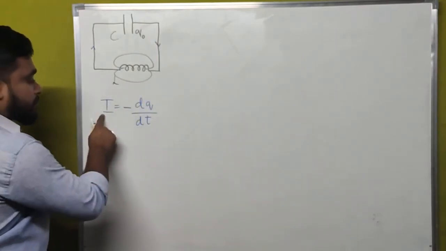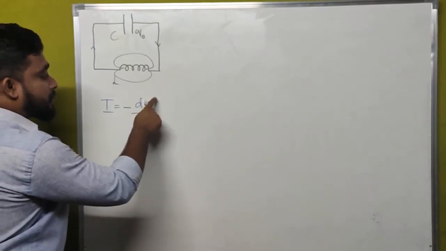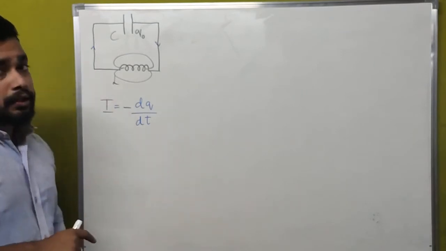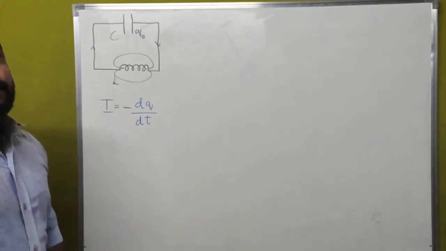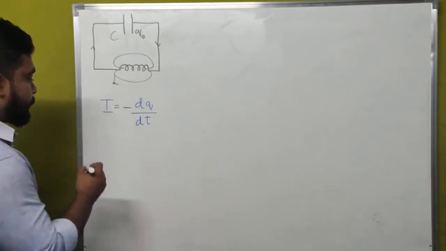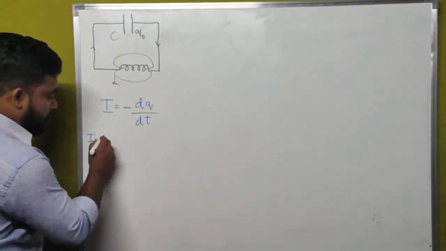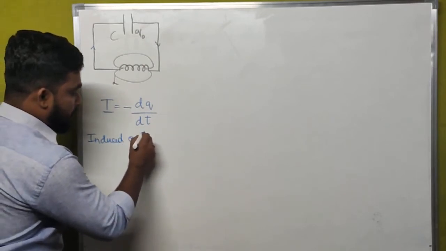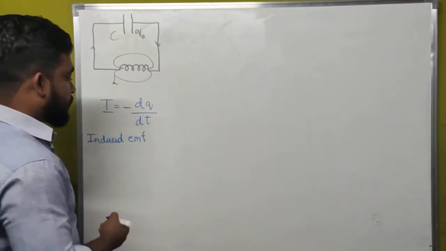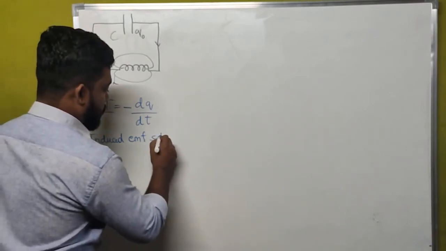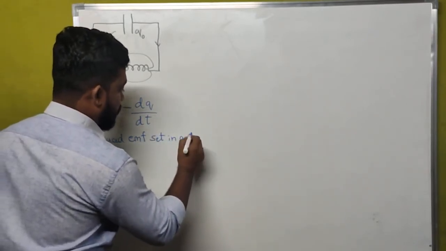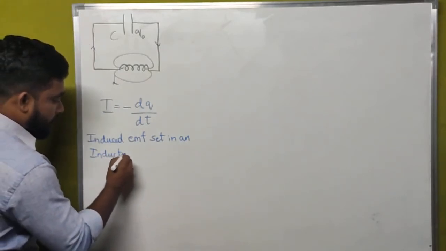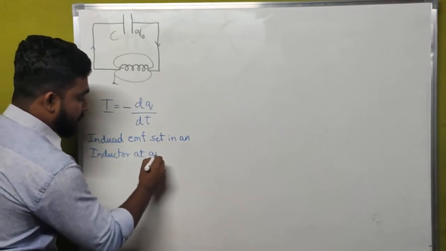This is the expression for current once the charge decreases in the capacitor and the current increases. Then what is the expression for the induced EMF set in an inductor at any instant of time?